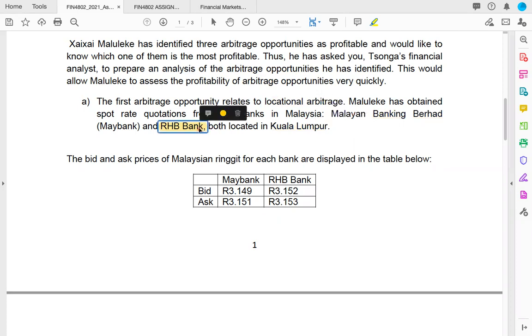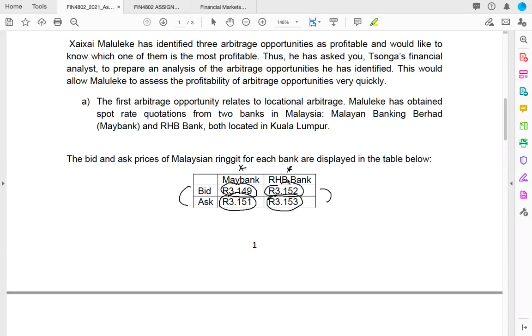So that's locational arbitrage. Here we've been given bid and ask prices, and we can see clearly these two banks, Maybank and RHB Bank, have different bid and ask prices. Maybank is buying at 3.149, whereas RHB is buying at 3.152. Maybank is selling a ringgit for 3.151, whereas RHB is selling a ringgit for 3.153.